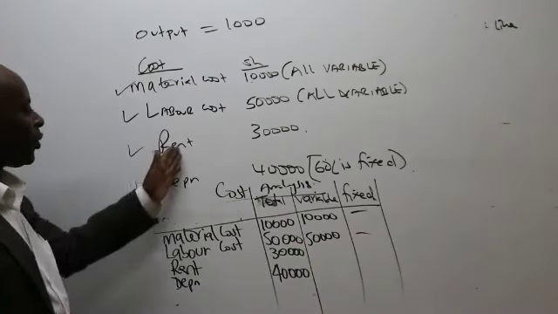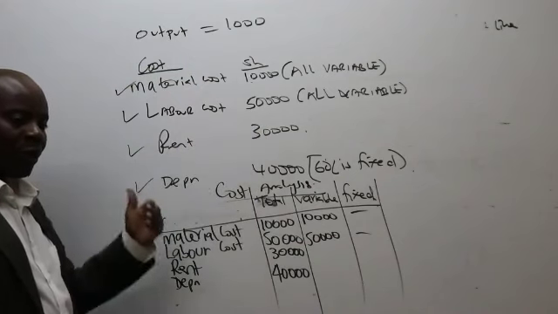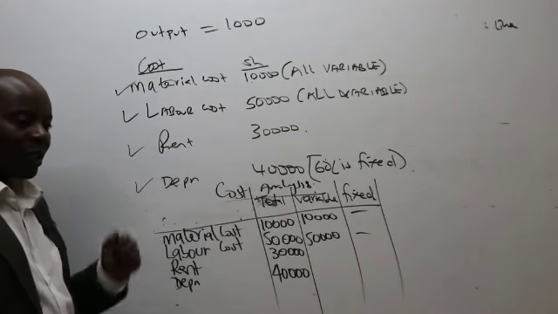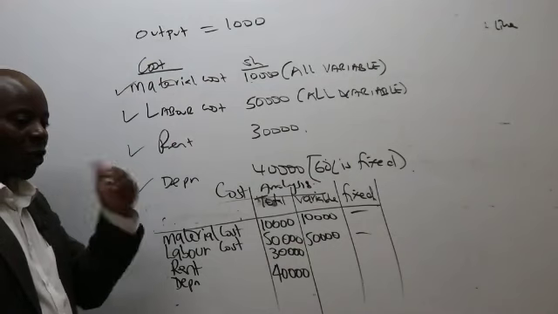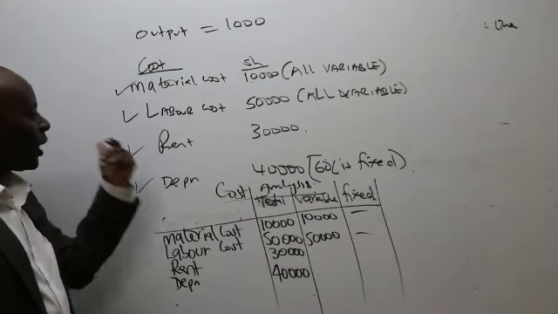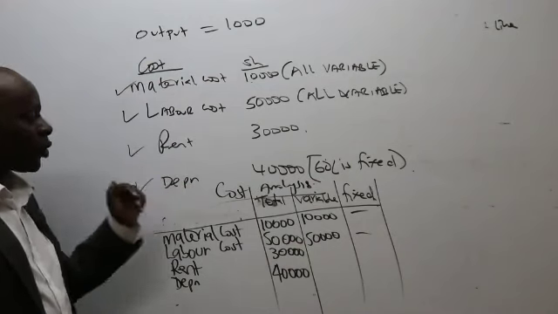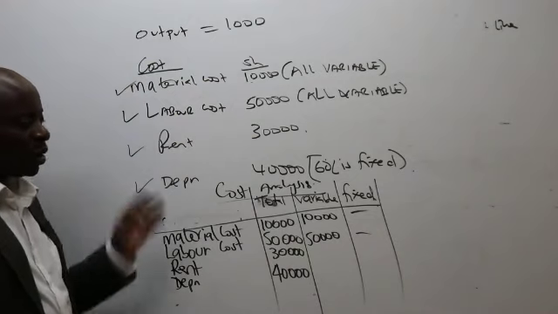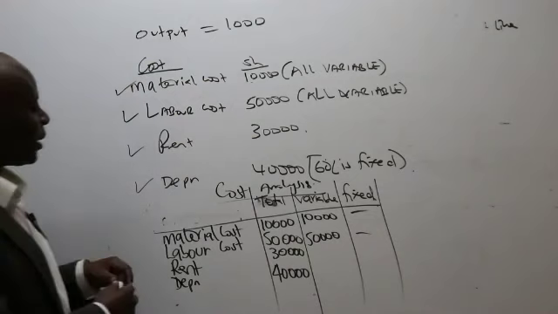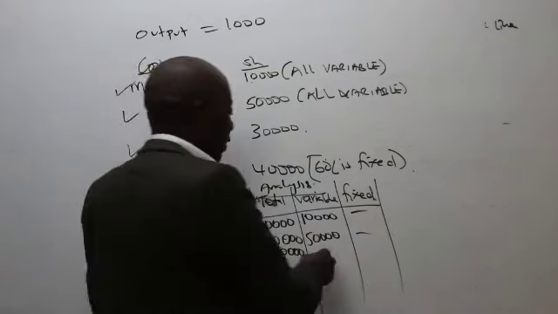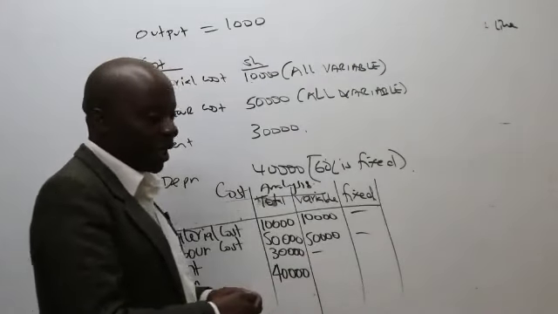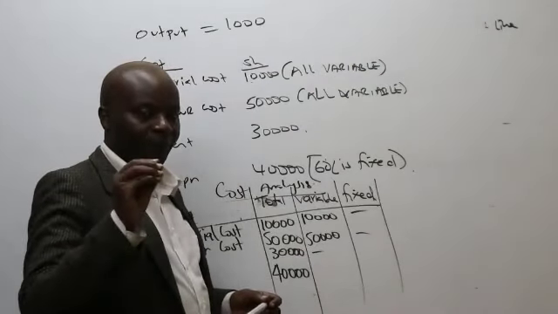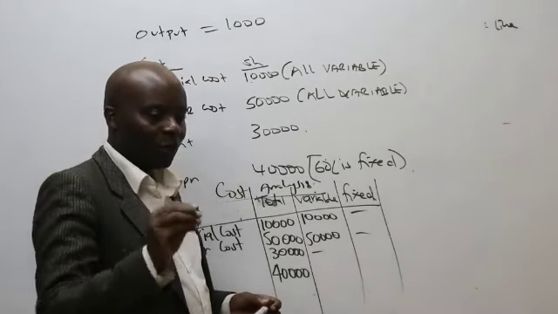From there, we have rent. There is no narration because they expect you, as an accountant worth your salt, to know that, unless you're told otherwise, rent is always fixed. Rent can never be pegged on the units you produce.